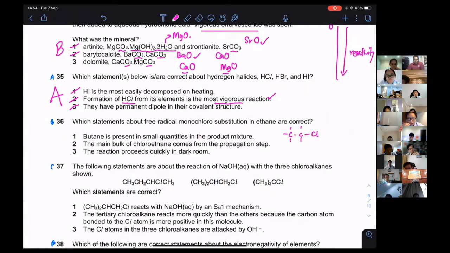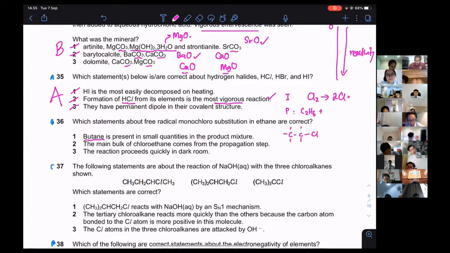Now, students will get confused. Maybe is it a typo error? Butane is present in small quantities in the product mixture. Remember last time, I told you if you have Cl2, they will have 2 Cl dot. And this is the initiation. Propagation, what will be the propagation?